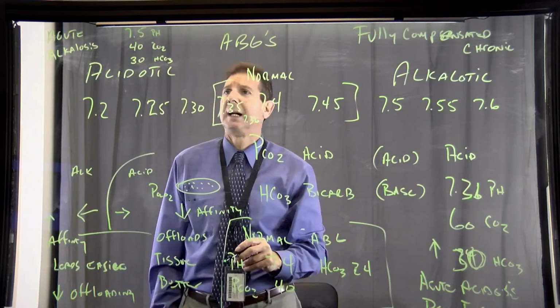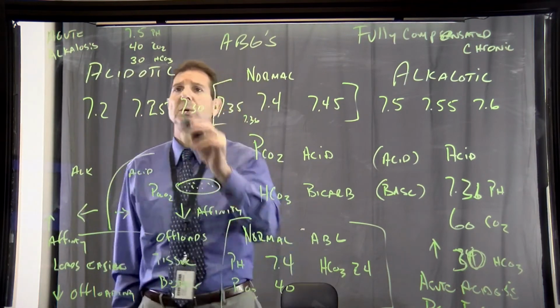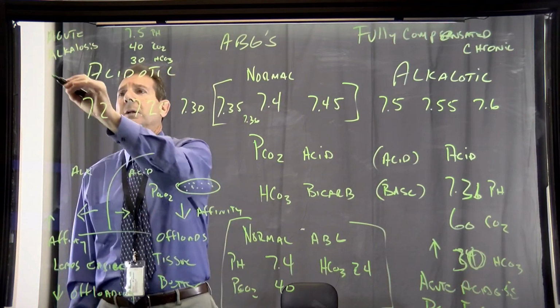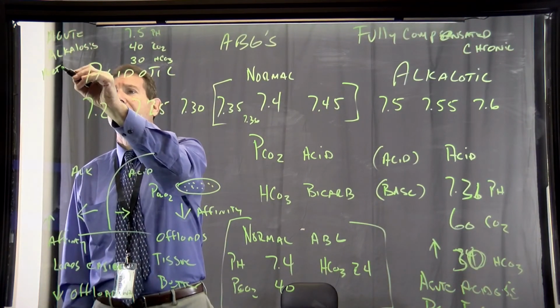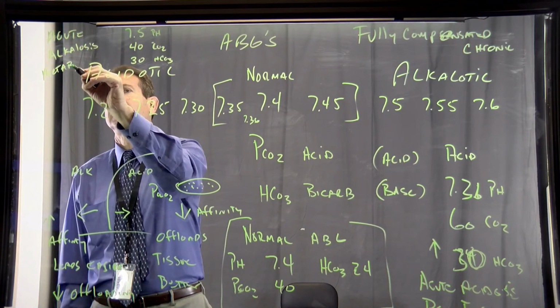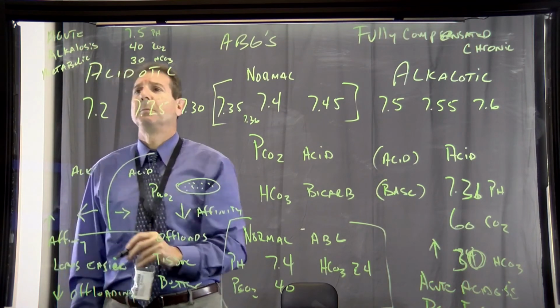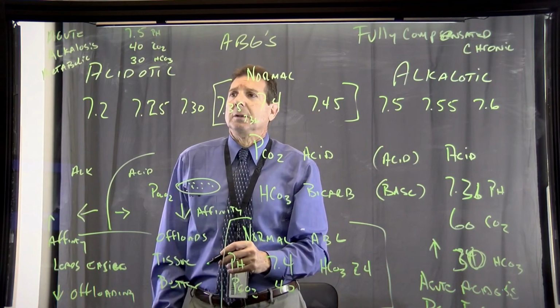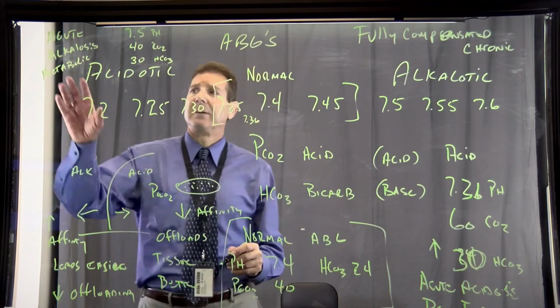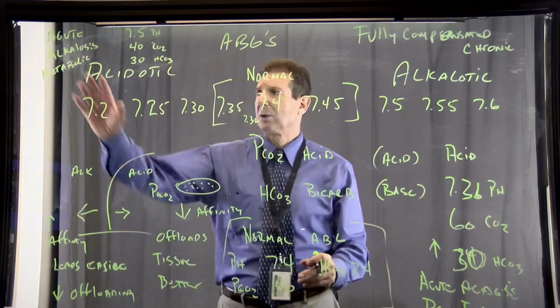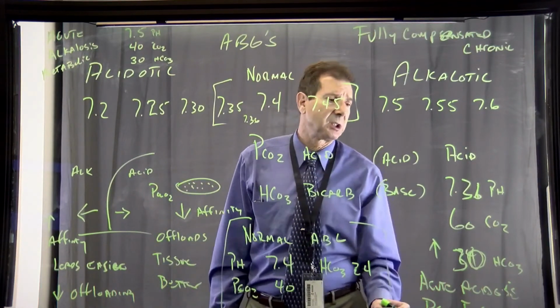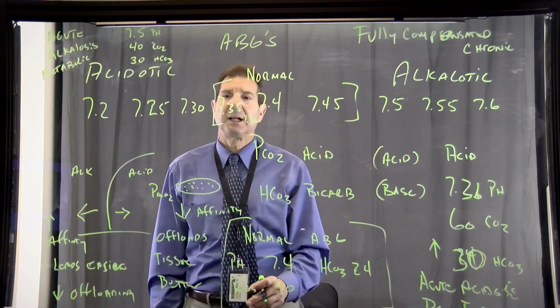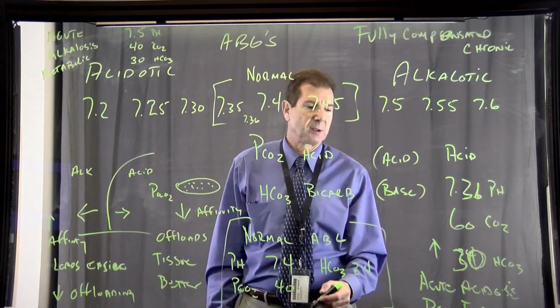And since it was not caused by the CO2, it's caused by the bicarb, that's actually a metabolic condition. Acute metabolic alkalosis. So we can have an acute condition in alkalosis, and we can have an acute condition in acidosis.